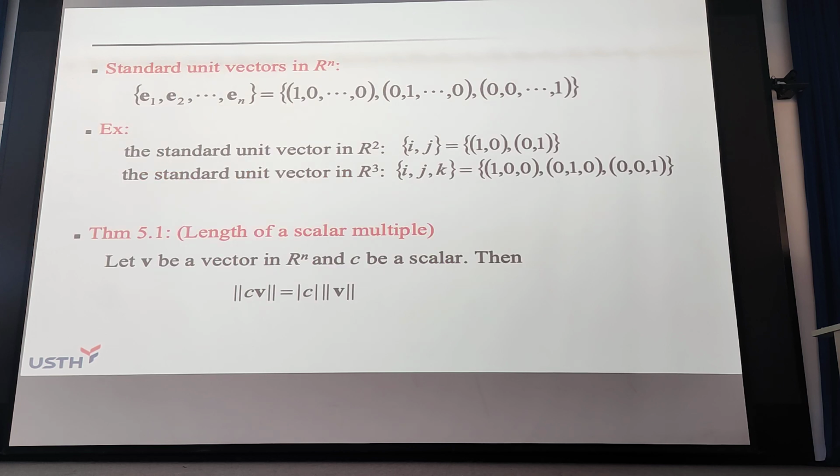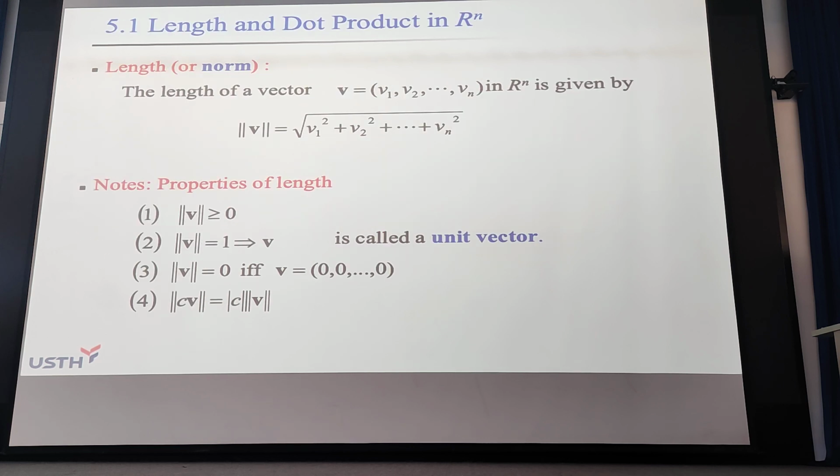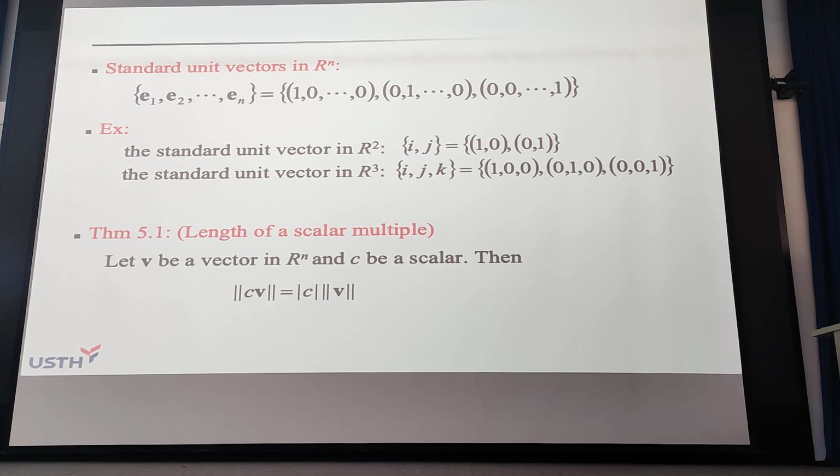Then we have the unit vector, that is any vector having length 1. And the standard unit vectors in Rn are the following ones, e1, e2 up to en. They are also the standard basis for Rn.